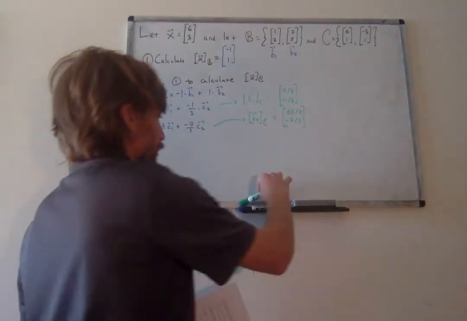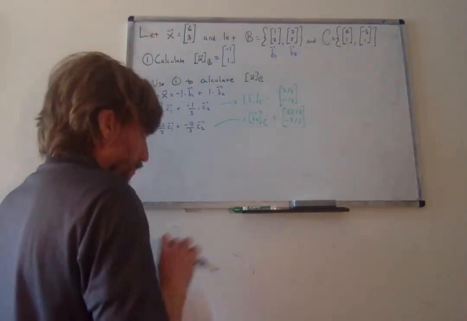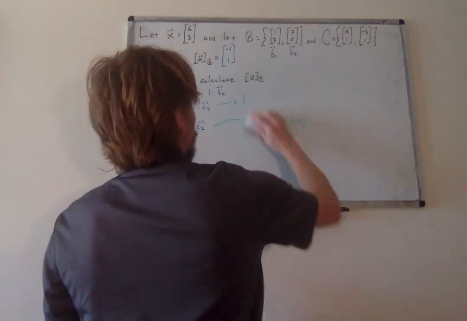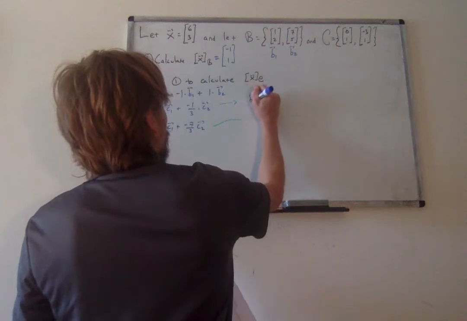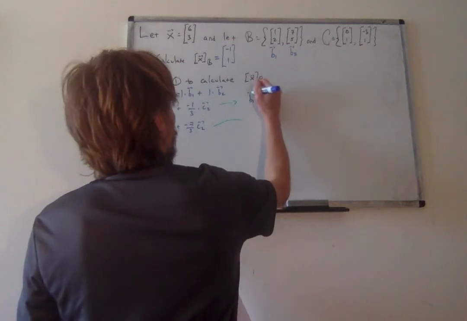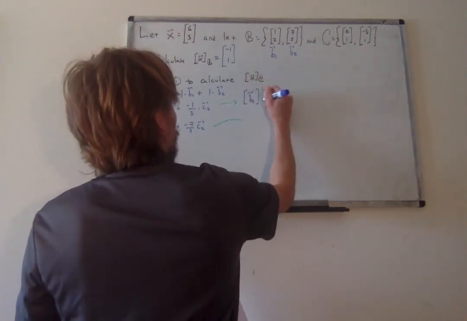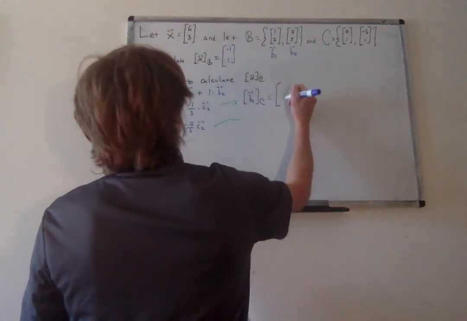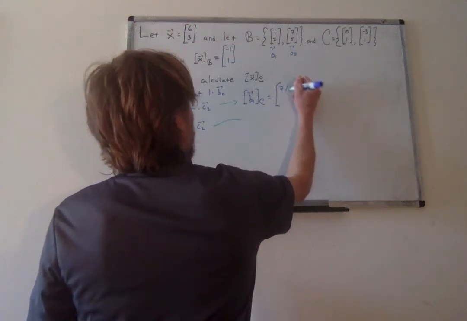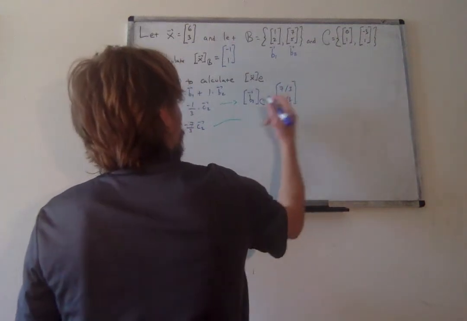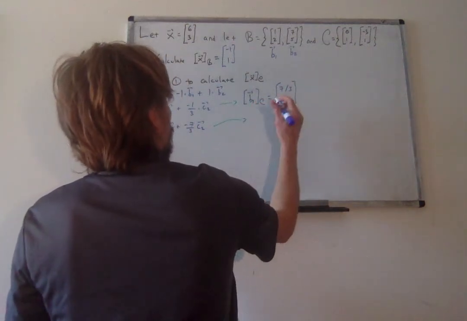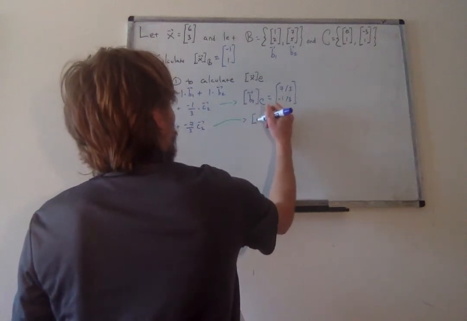I think green is maybe a little too light, so I'll quickly rewrite those in a color that's easier to see, because this is important. Sorry about the slight delay here.